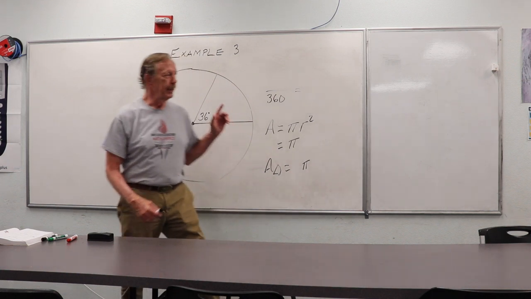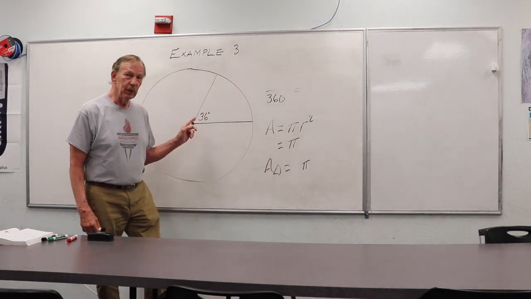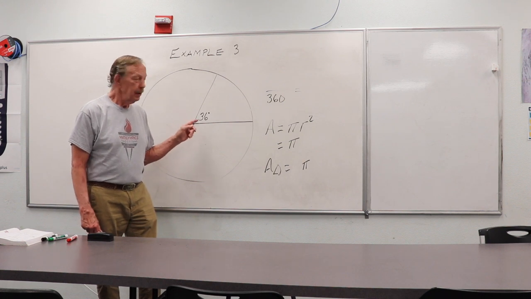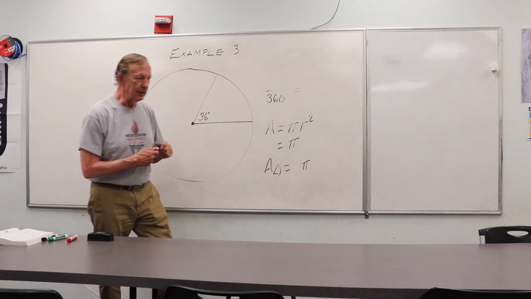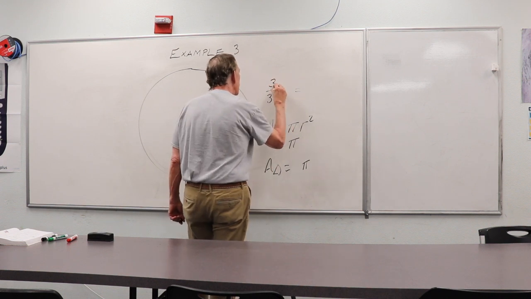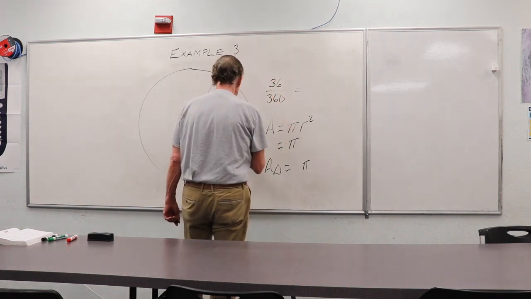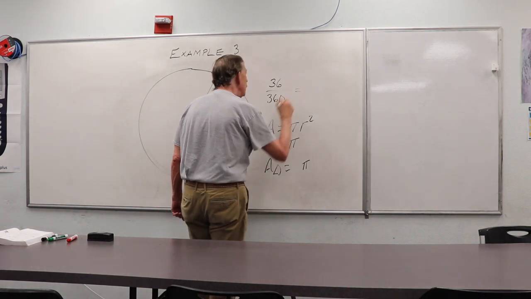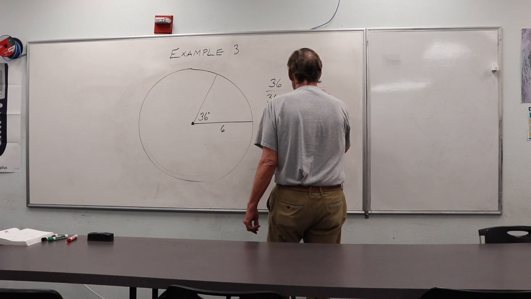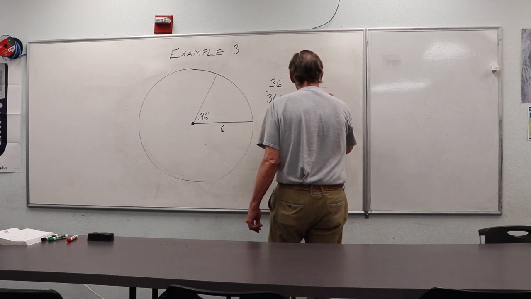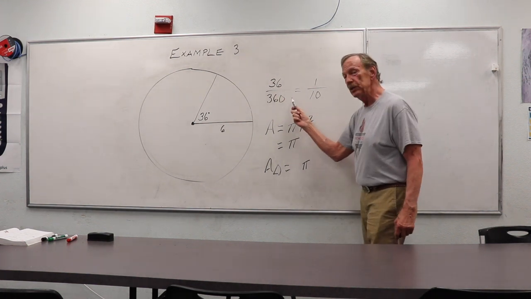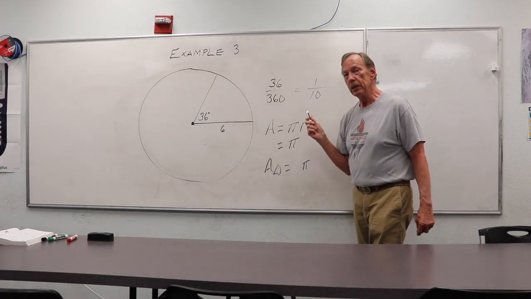In example 3, we've made this angle 36 degrees. So our procedure compares 36 to 360. 36 will go into 360 10 times.